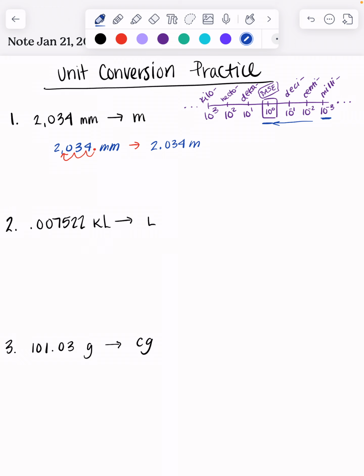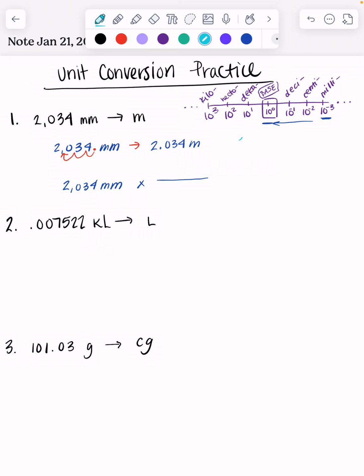And now I'm going to show you the dimensional analysis of it all. So I have 2,034 millimeters, and I know that I want to get to meters. So I have to use a unit equivalency. I'm going to come up here and I'm going to say, well, I know that I am moving left by 3, and my number must get smaller.